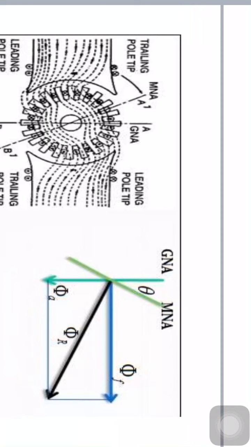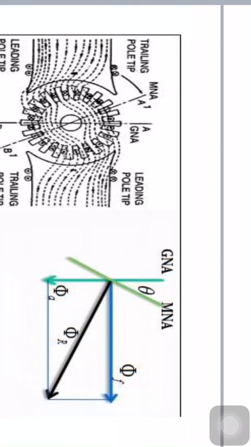So what are the effects of armature reaction? The magnetic flux density increases over one half of the pole and decreases over the other half of the pole, but the flux produced by each pole is slightly reduced and therefore the terminal voltage is slightly reduced.